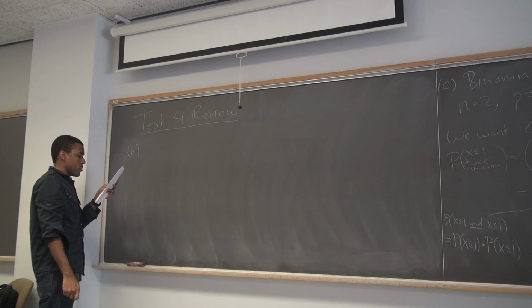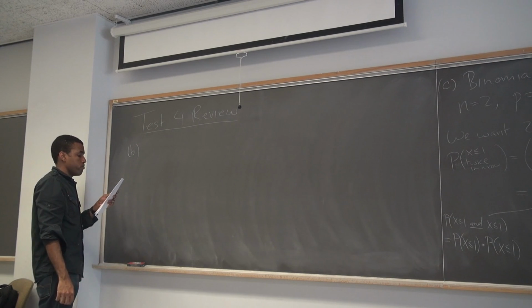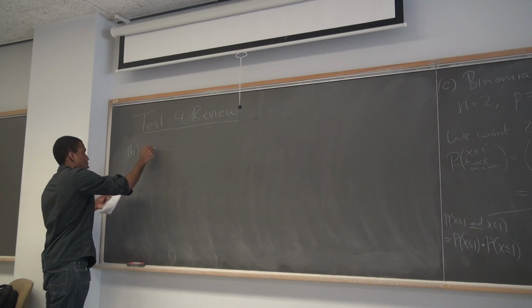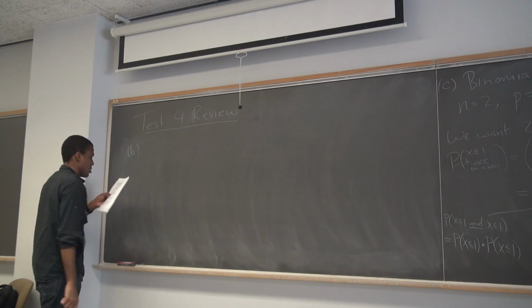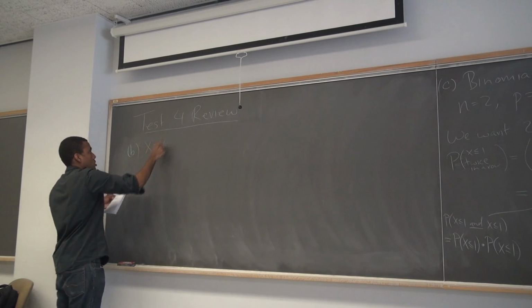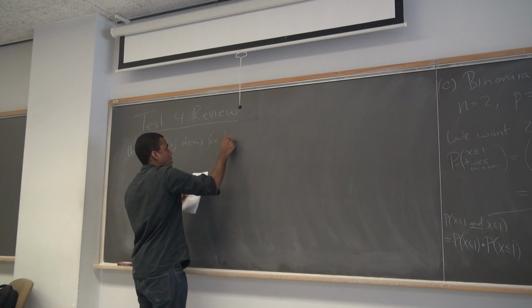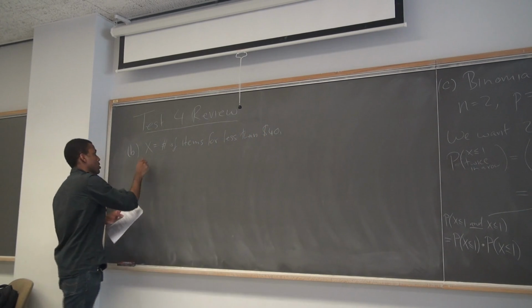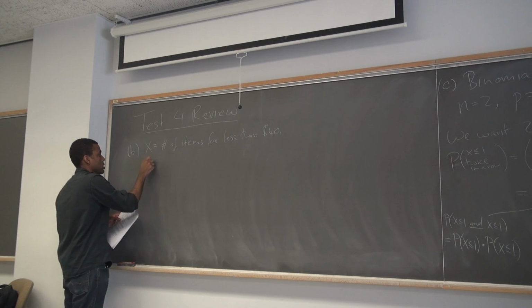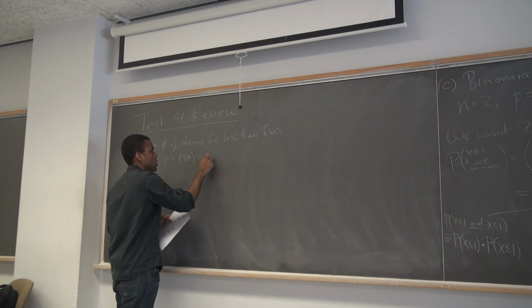B, at least one of 3 randomly selected sales is for less than $40. So we want, it's probably better that we use something to count. x equals number of items for less than $40. Set p is just the probability of A, which is 0.6.